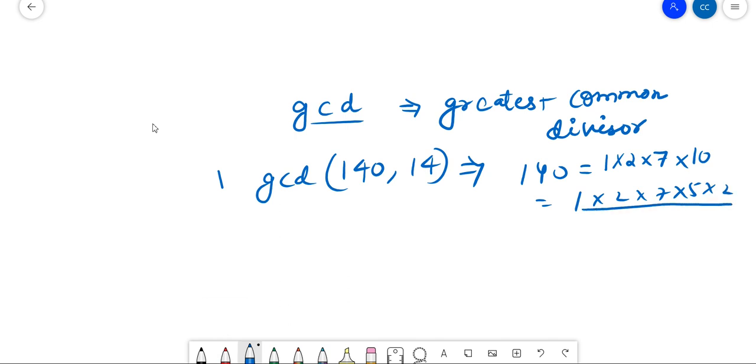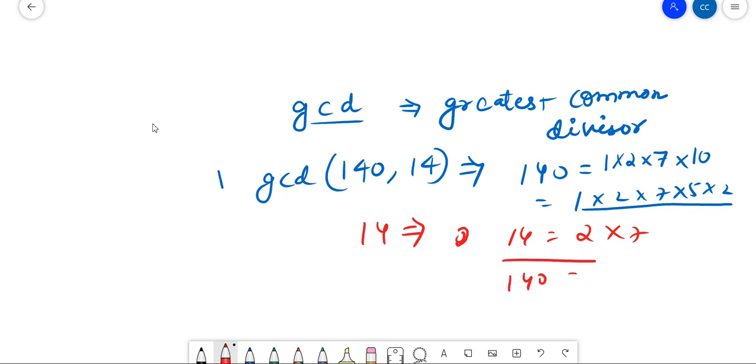Now if I want to find the GCD of 14, so what I will do? 14, I will write 2 into 7.